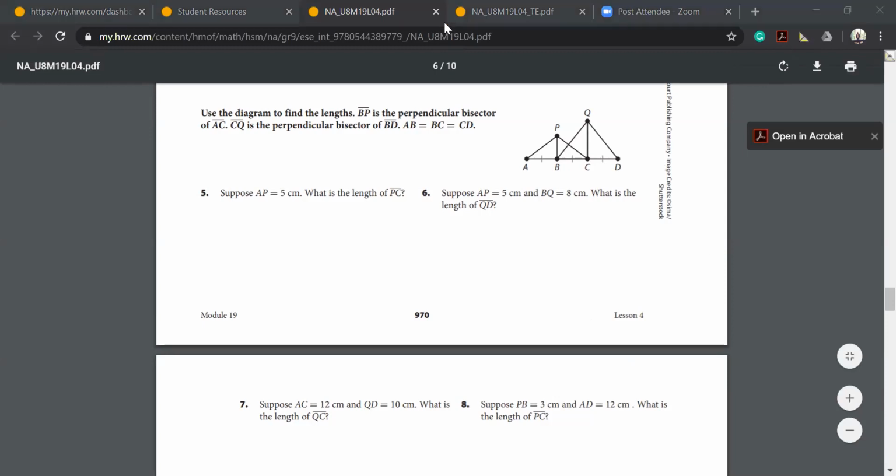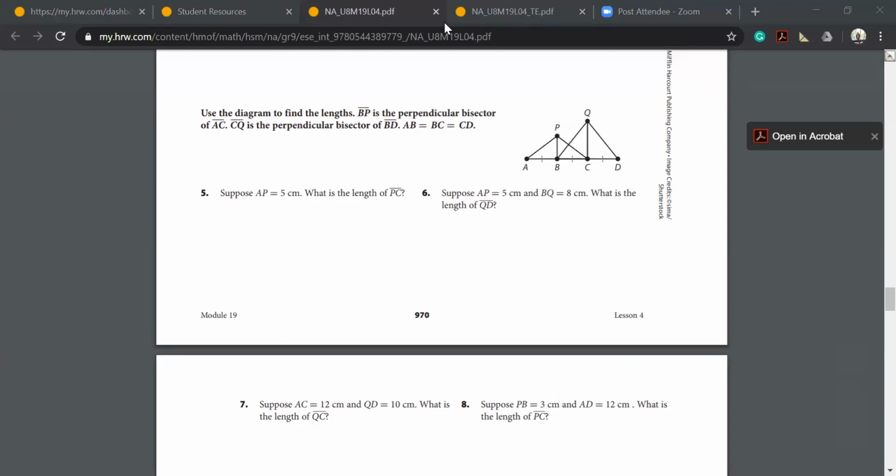In here, to find each part of this, I'm just going to divide 12 by 3. So AB will be equal to BC will be equal to CD will be equal to 12 divided by 3, which is 4.